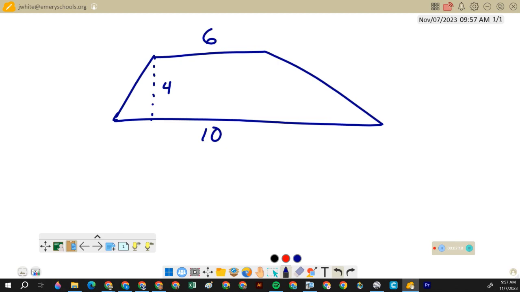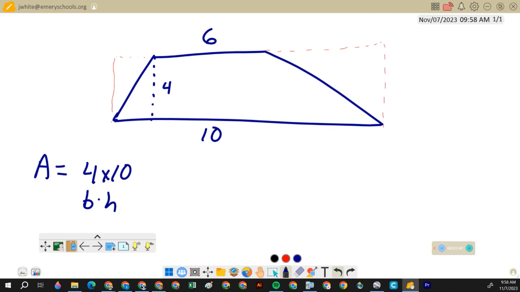Well, if I finished out the rectangle, then the area of that rectangle is simply going to be 4 times 10. Length times width, which we're going to say base times height. Okay. But our trapezoid is not going to be that big. It's going to be smaller than that. So what is the formula here?